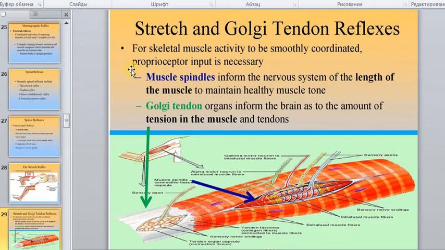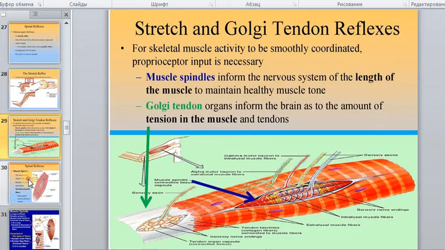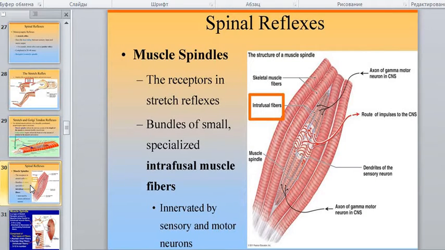We have two kinds of proprioceptors. The muscle spindle informs the nervous system of the length of the muscle to maintain healthy muscle tone, and Golgi tendon organs inform the brain as to the amount of tension of the muscle and tendons. So let's look at these organs.